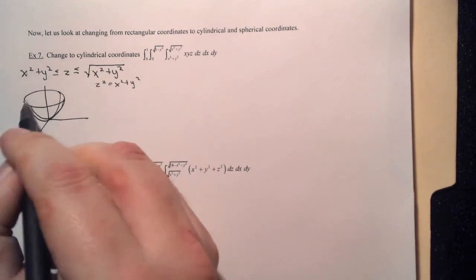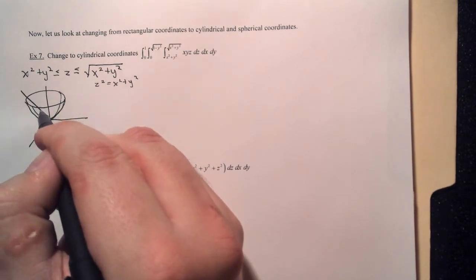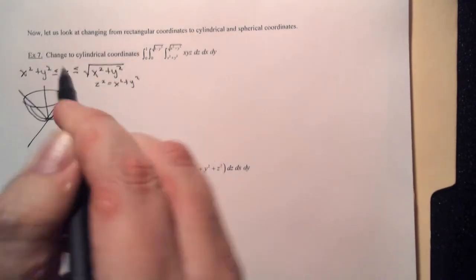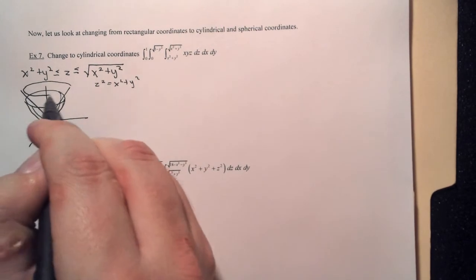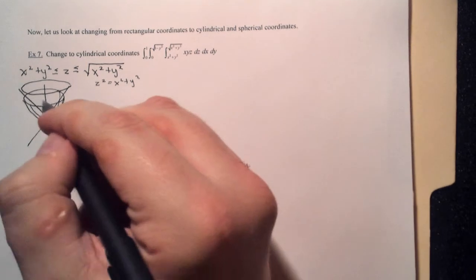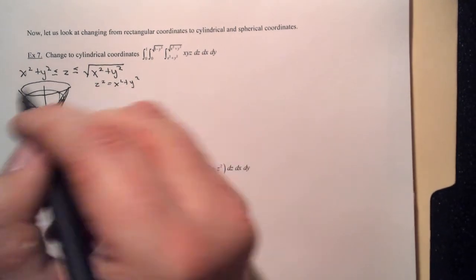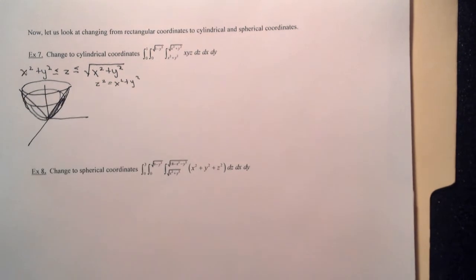So I'm thinking I have this paraboloid, and then inside that paraboloid I have a cone coming down like this. So I'll be integrating over this space in between the two of them.